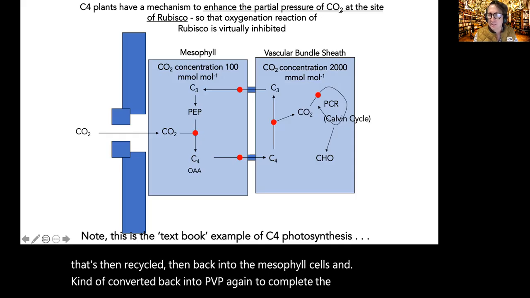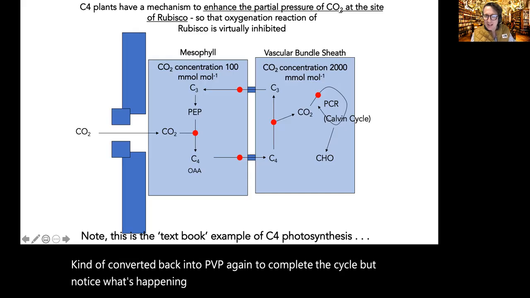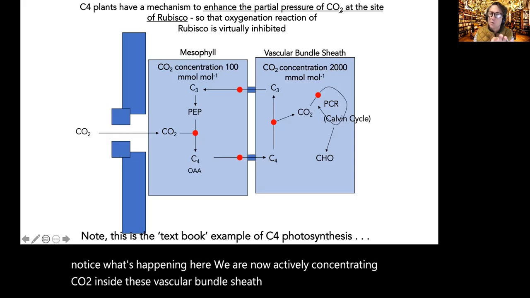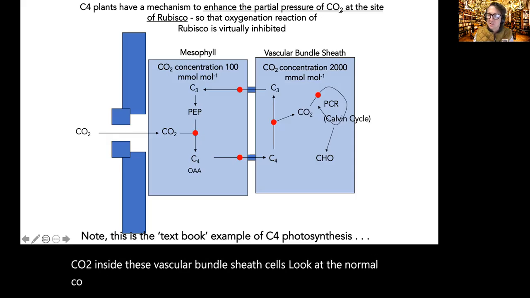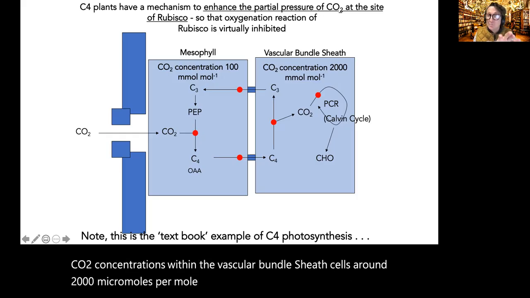But notice what's happening here. We are now actively concentrating CO2 inside these vascular bundle sheath cells. Look at the CO2 concentrations within the vascular bundle sheath cells, around 2,000 micromoles per mole, right? About an order of magnitude more CO2 being concentrated here.